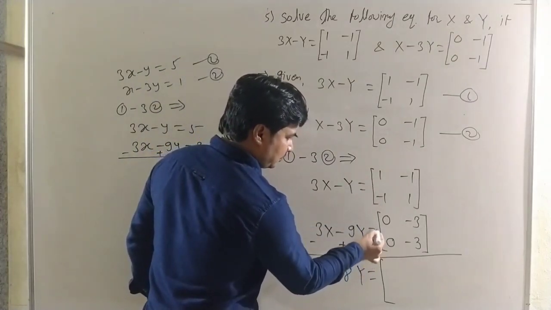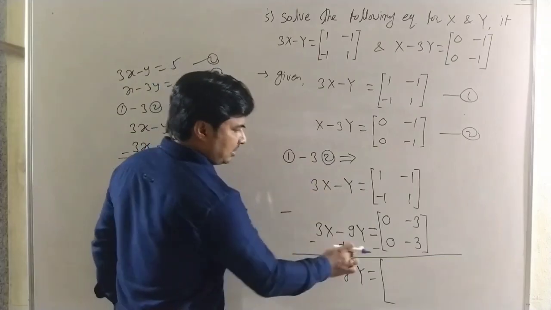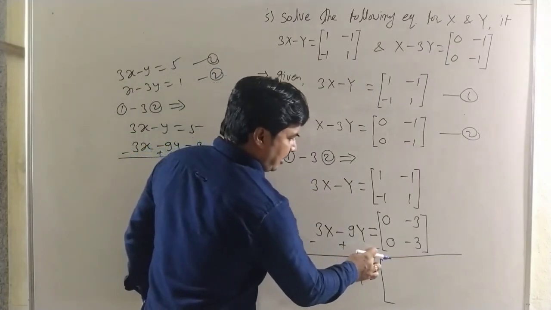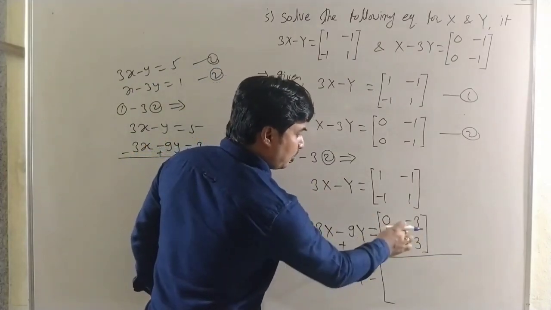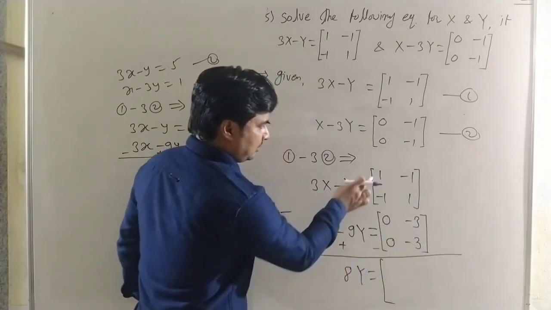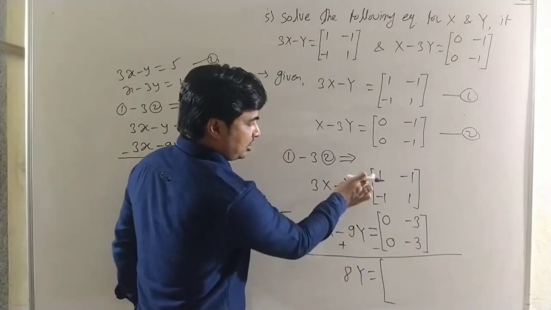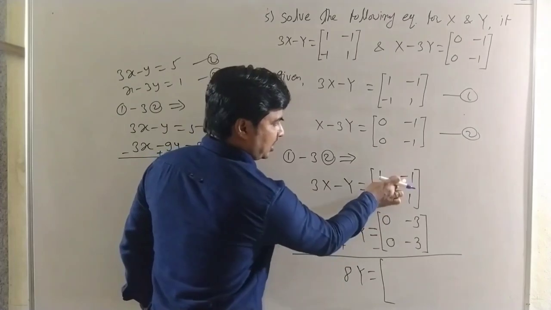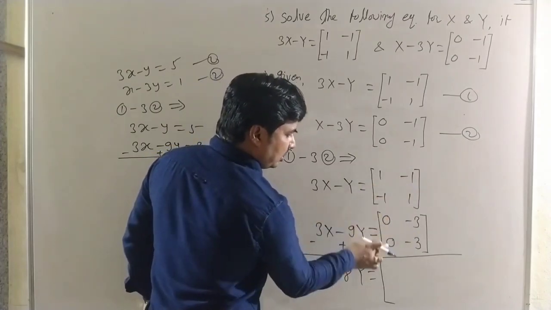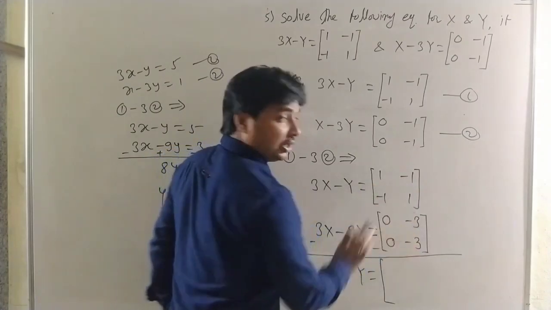Here it is equal to, when we take the subtraction, we can write minus multiplied by all elements, that is 0, plus 3, 0, and plus 3. Corresponding elements: it is the 1 1 position, 1 2, 2 1, and 2 2.